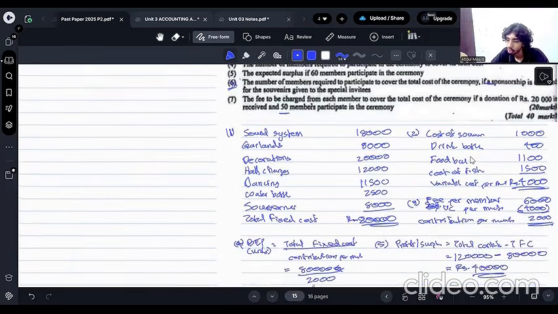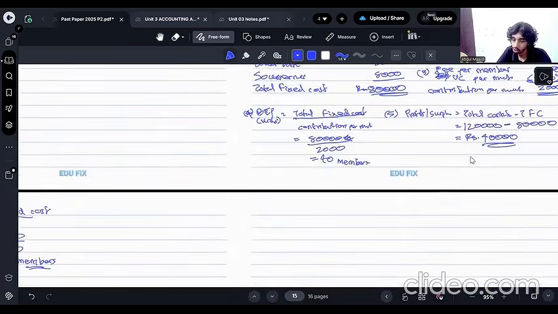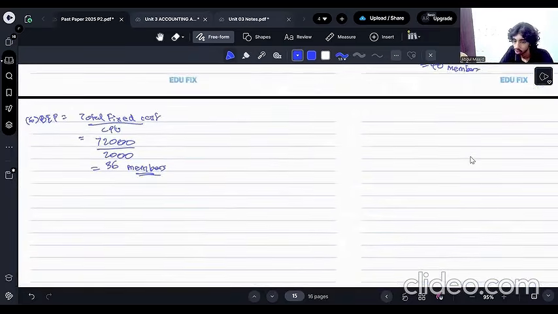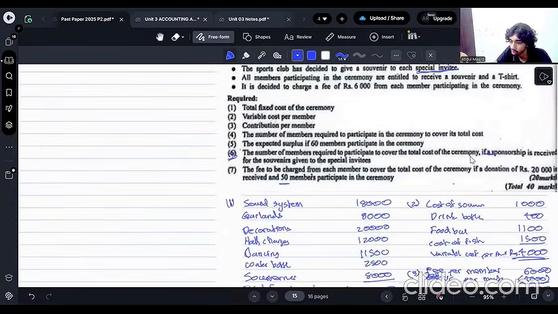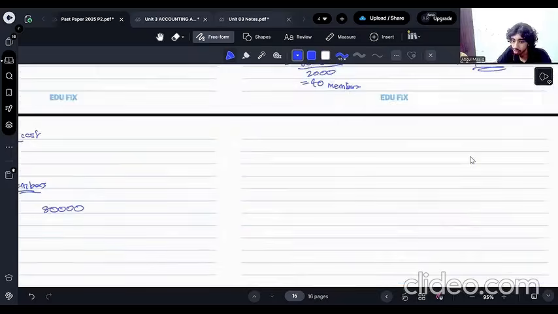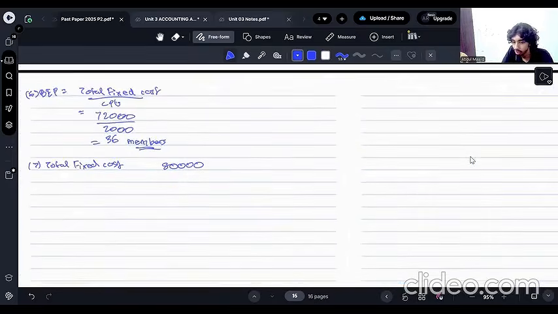Seventh one, your total fixed cost is 80,000, right? Now you are receiving a donation of 20,000. Using that donation, you can cover fixed cost. Minus donation 20,000 you can cover from this, and then another 60,000 only remaining to be covered.